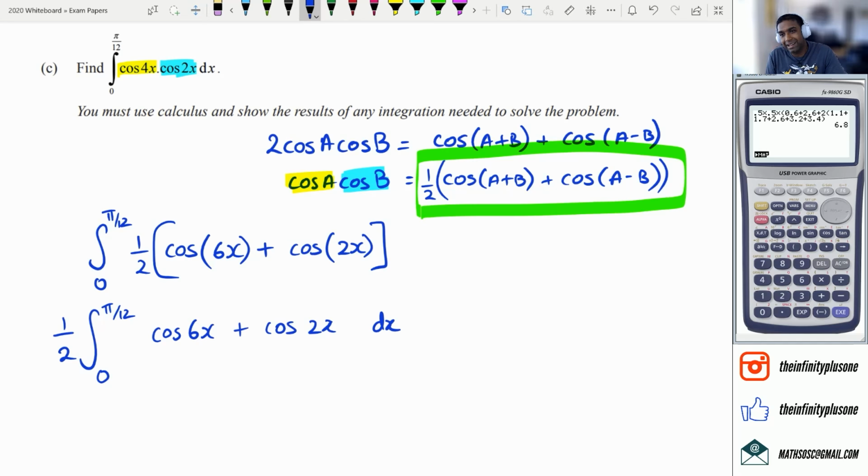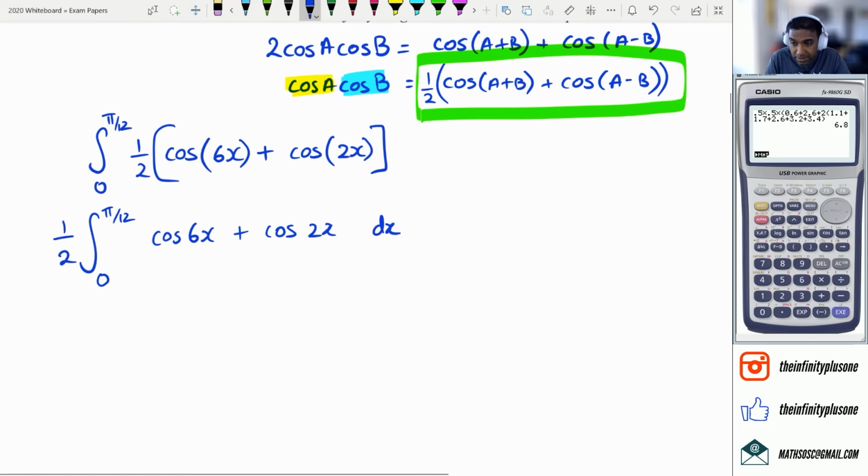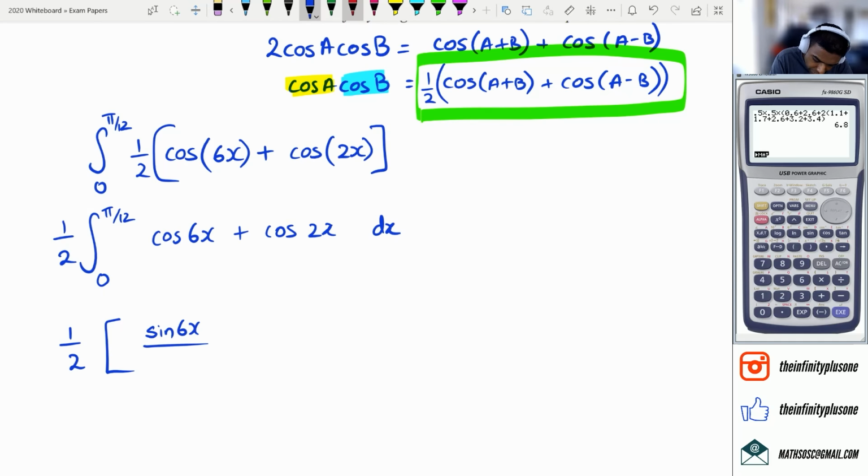So now I can integrate this because the two terms are separate and by themselves. So I'm going to have half, and when I integrate it, I'm going to get sine 6x, divided by whatever's inside the bracket, which is 6 in this case, plus sine of 2x divided by the derivative of whatever's inside the bracket, which happens to be 2 in this case. And of course, this is all between pi over 12 and 0.